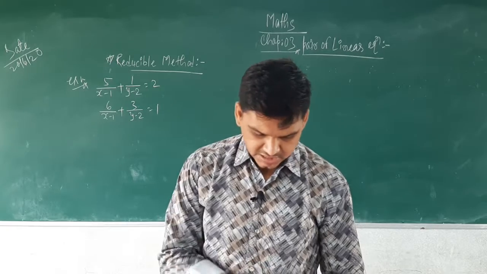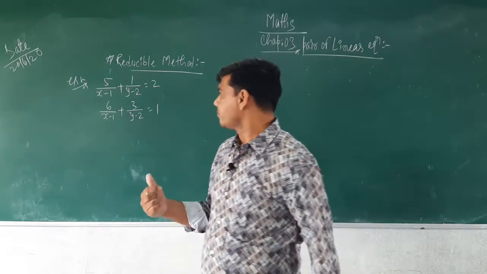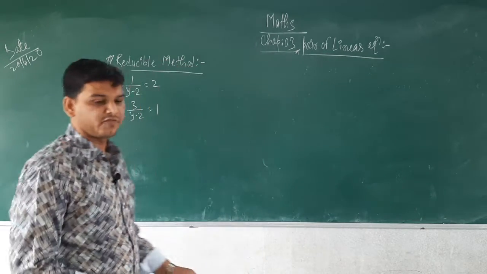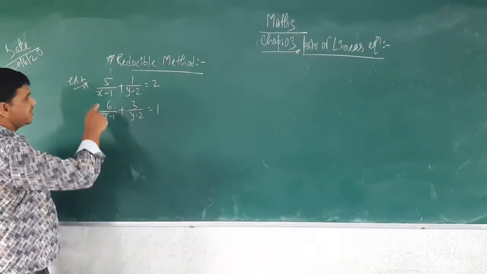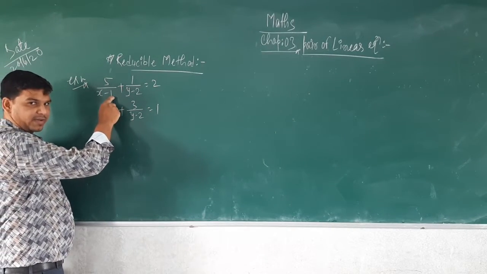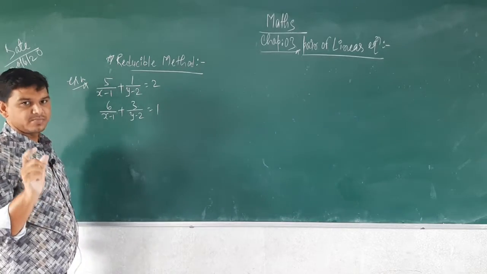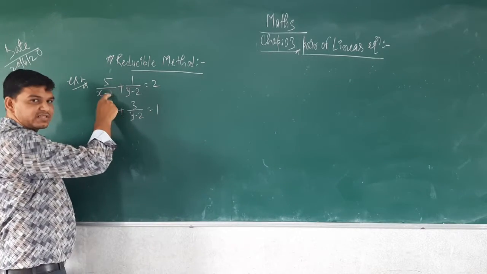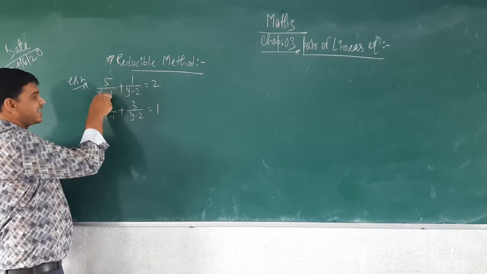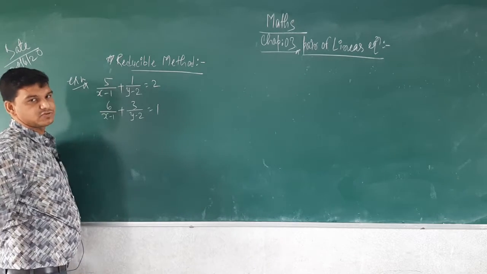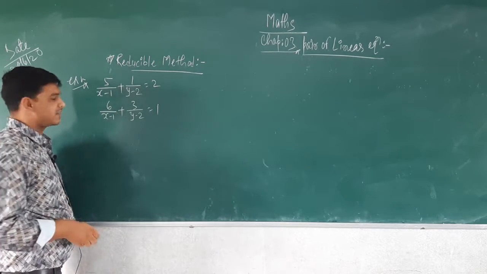So, simple formation, if directly we have to add up the values in the form of denominators. The denominators here are x minus 1 and y minus 2. So we cannot suppose x directly, because x is associated with the value of minus 1. So the entire value of x minus 1 we have to suppose, then it can be easily reduced from the denominator.